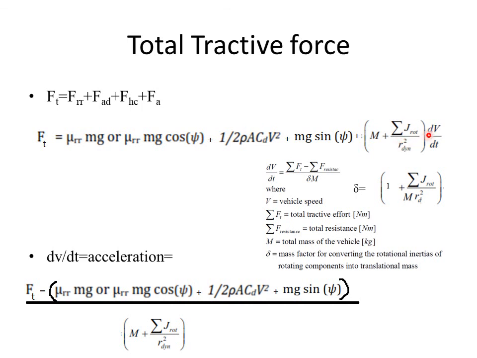So from this equation, you can write dv by dt as the tractive force minus all its components divided by delta m. Okay, so that is why it is written as Ft minus all these resistive forces divided by m plus sigma J rotational by r dynamic square, or the same as delta into m. Okay, so this is the expression for the total tractive force and this is the expression for the acceleration. This you have to remember.